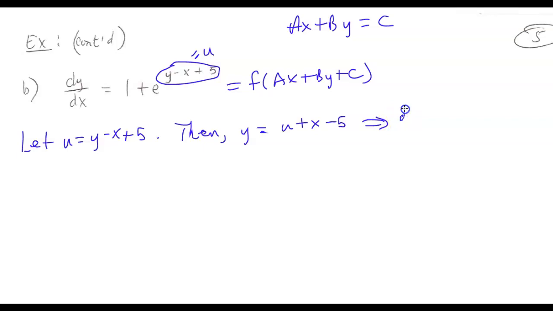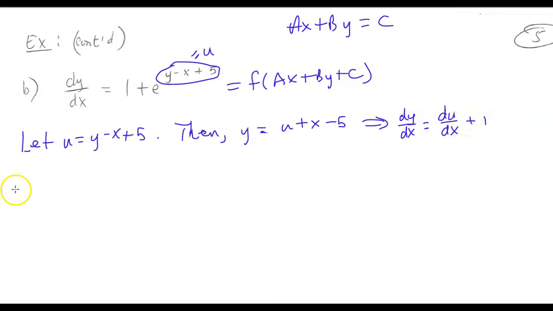And this implies that our dy over dx is just going to be, take the derivative of u with respect to x, take the derivative of x with respect to x, and that's just 1, and take the derivative of any constant, and that's 0. So we just leave that as is.